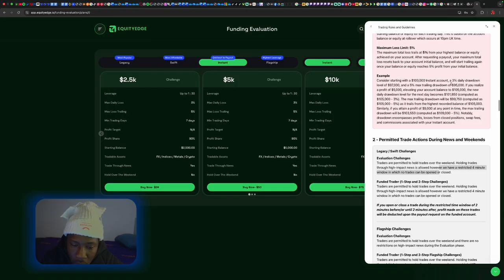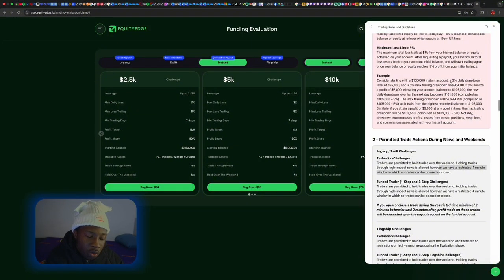So they are saying when you trade, you are going to make a daily profit, and then from that daily profit, for the next day, your maximum loss limit will change.